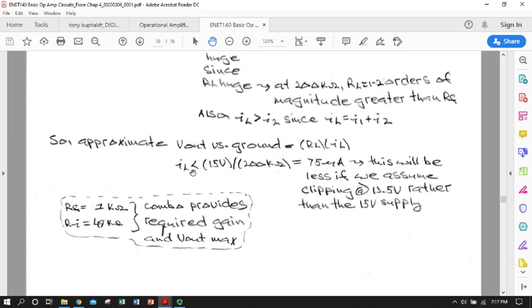In that case, admittedly, this question is not totally circuit design, because the circuit design really ended when we did the Rf Ri ratio and picked an Rf of 1 kilo ohm.